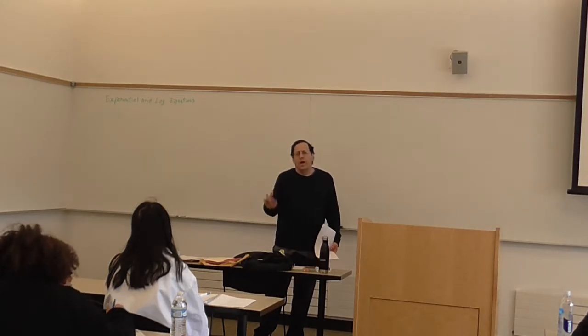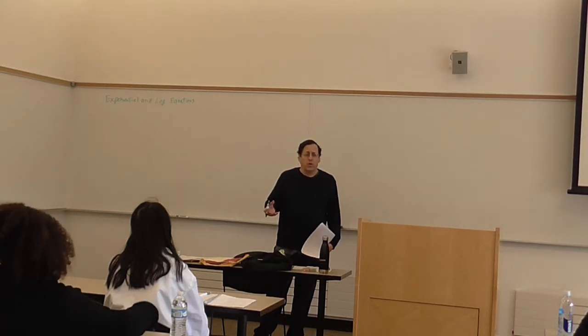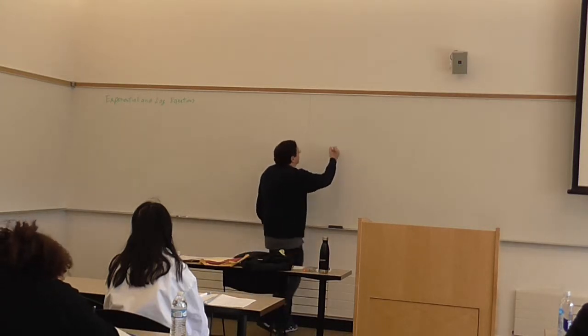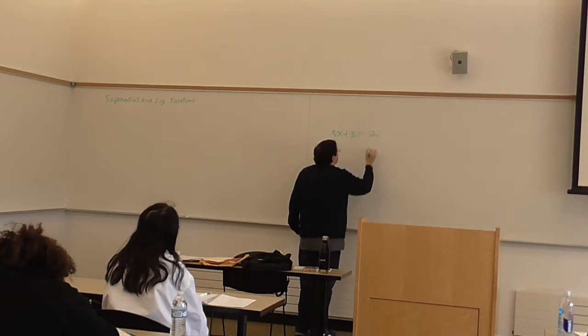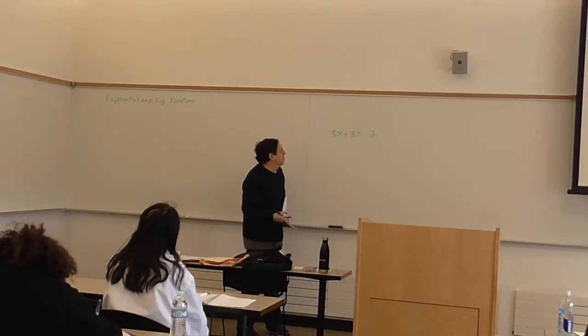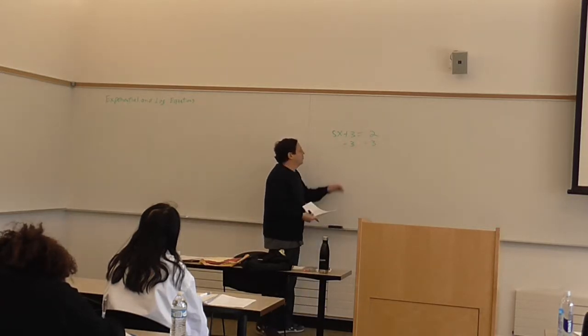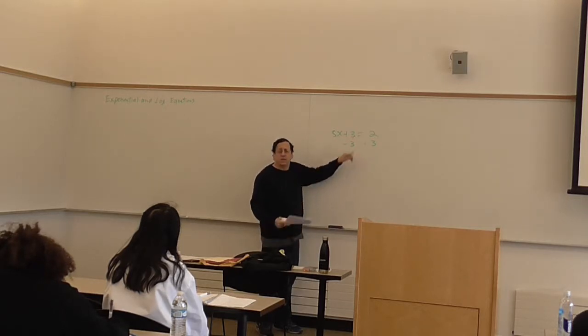One thing to keep in mind is the log functions are the inverse of an exponential function. So just as when we had an equation like this, what would we do to unravel this? We would subtract 3 from both sides, because subtraction is the inverse of adding, right?